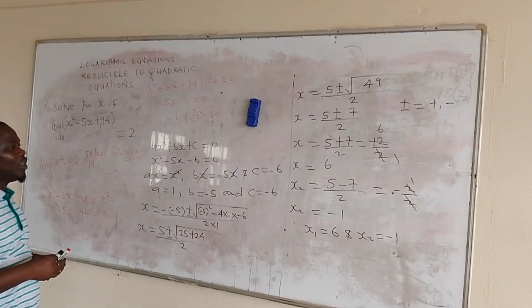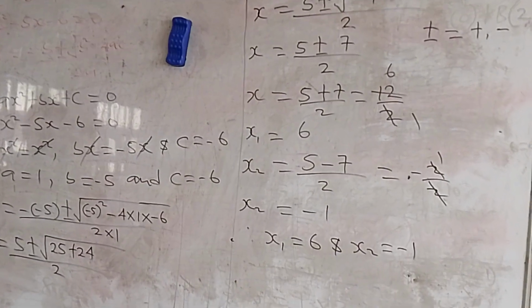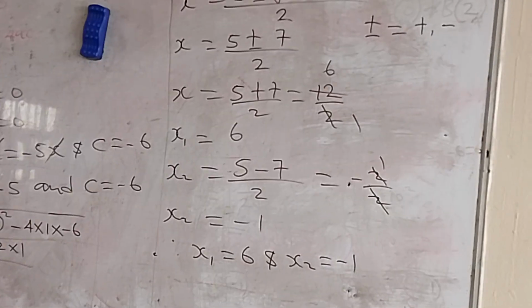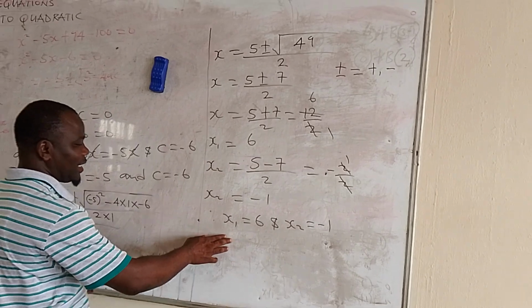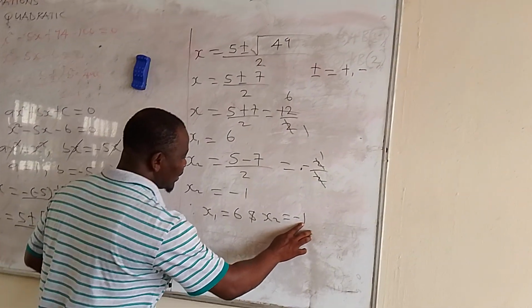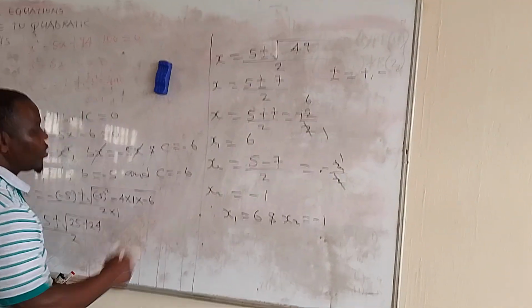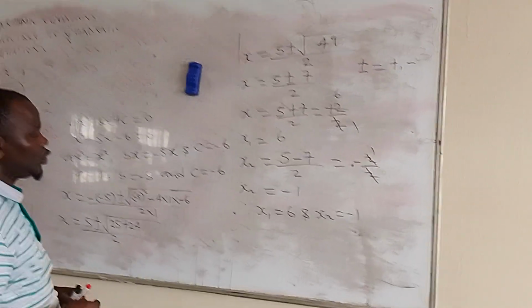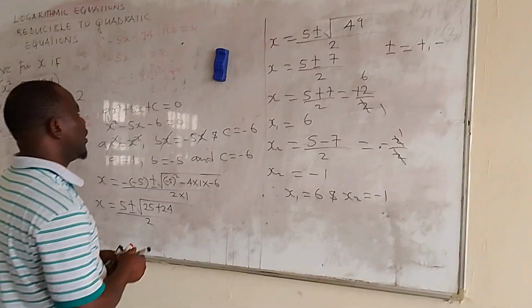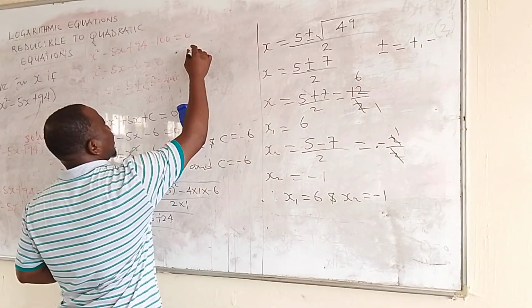Is that clear? Then, for those of you who are still confused whether these answers are wrong or correct, I'm going to show you how to check. Let us try. Let's check.